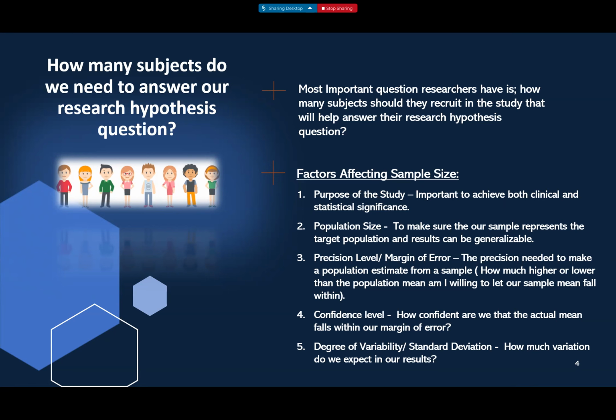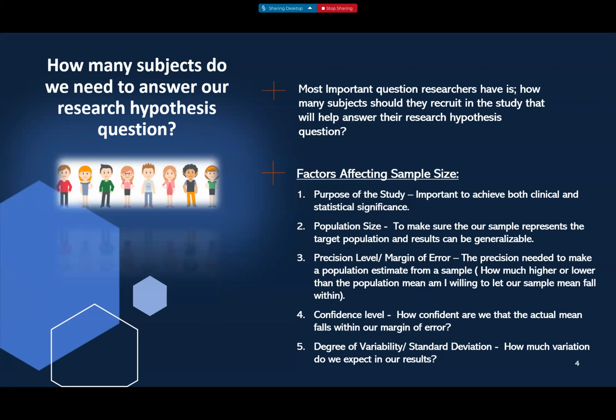What is the purpose of the study? Is it important to achieve both clinical and statistical significance? There's a difference because we usually tend to look at the p-value to identify statistical significance, but however, if there's a large sample size, we sometimes tend to receive statistical significance, but that doesn't mean that it's clinically meaningful. So there's an importance to identify both clinical and statistical significance.